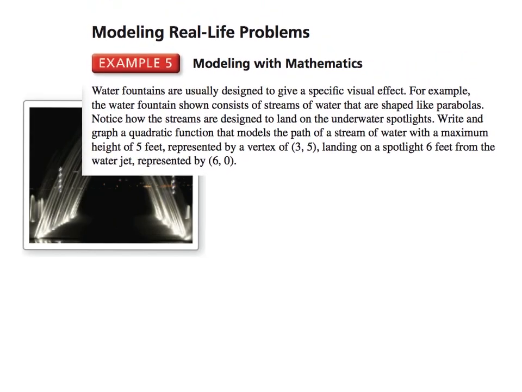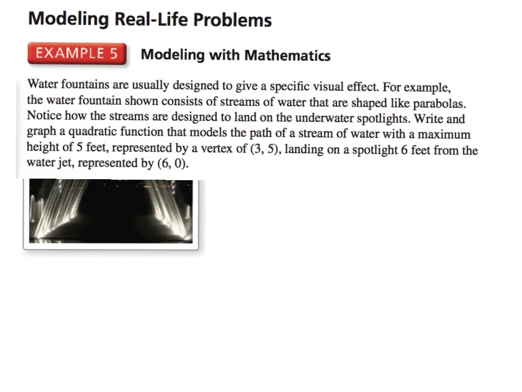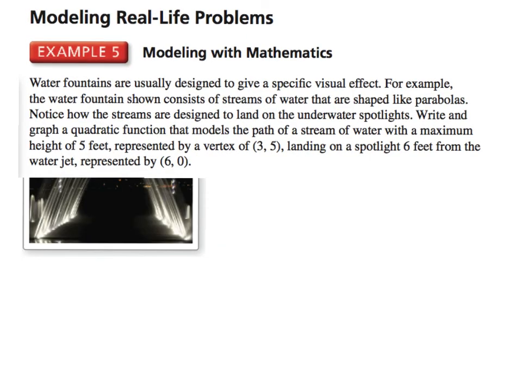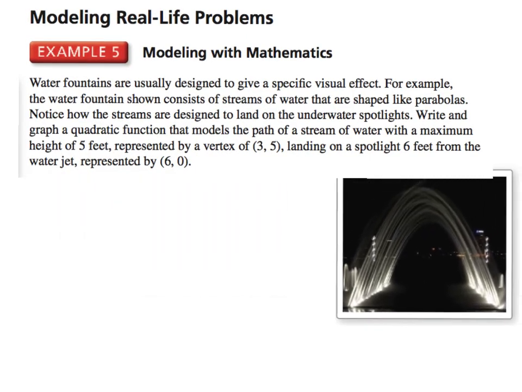Now, there are many fountains that you've seen maybe in shopping malls or hotels that have the form of a parabola. So how are we going to model this? How are we going to do this problem? Well, here it is. Water fountains are usually designed to give a specific visual effect.